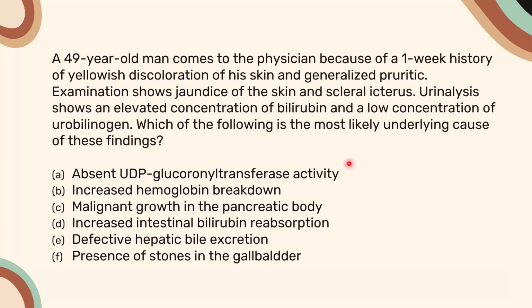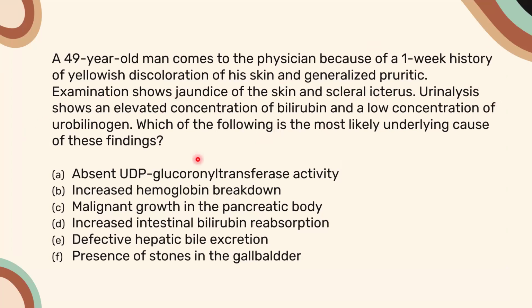Okay, so this is a little bit difficult, one of the difficult questions. A 49-year-old man comes to the physician because of a 1-week history of yellowish discoloration of his skin and generalized pruritic skin. Examination shows jaundice of the skin and scleral icterus. Urinalysis showed an elevated concentration of bilirubin and a low concentration of urobilinogen.